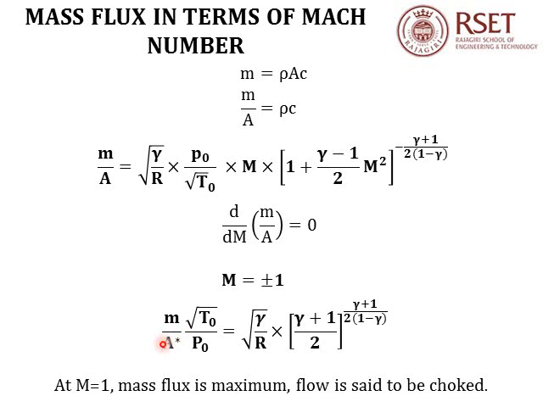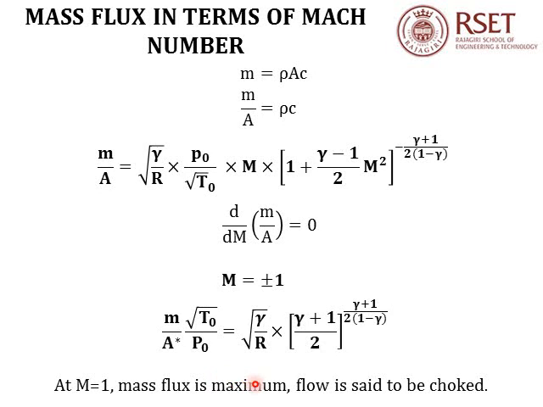In a duct, the region of least cross-section area is referred to as the throat of the duct. Therefore, we can say that if the mass flux is maximum, then Mach number is equal to 1 at the throat of the duct. When the mass flux is maximum, we say that the flow through the duct has been choked.